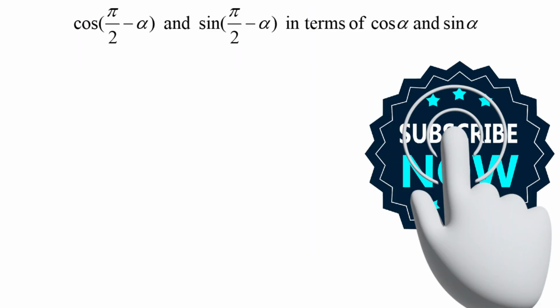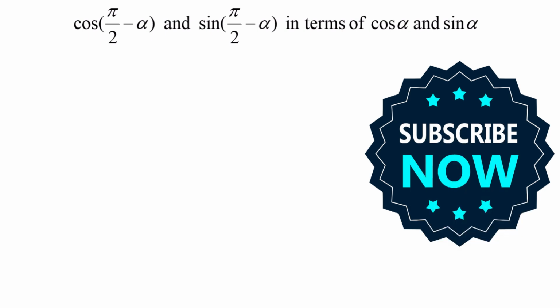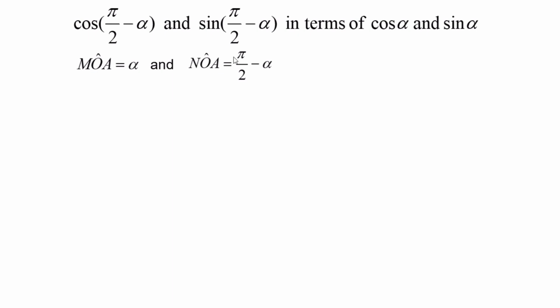Now we are going to transform cosine pi by 2 minus alpha and sine pi by 2 minus alpha into cosine alpha and sine alpha. Let us see. MOA equals alpha, NOA equals pi by 2 minus alpha. Locate M and N on the trigonometric circle.